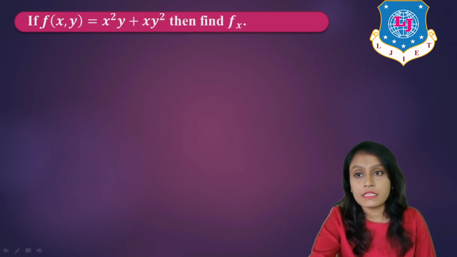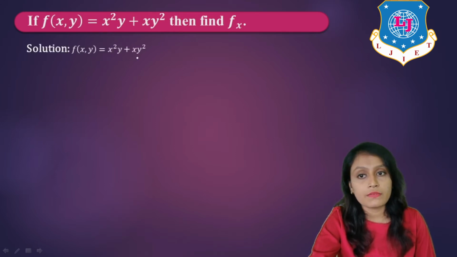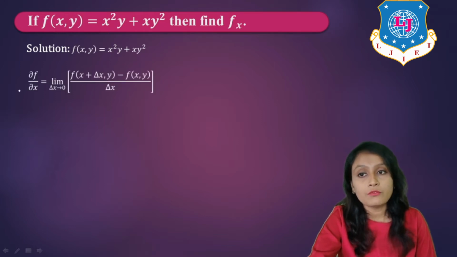First example is, if f of xy is equal to x square y plus xy square, then find fx. Here we will solve this example using definition. So firstly, f of xy is equal to x square y plus xy square. Now here we have to find del f by del x. So the formula is limit delta x tends to 0 f of x plus delta x comma y minus f of xy upon delta x.